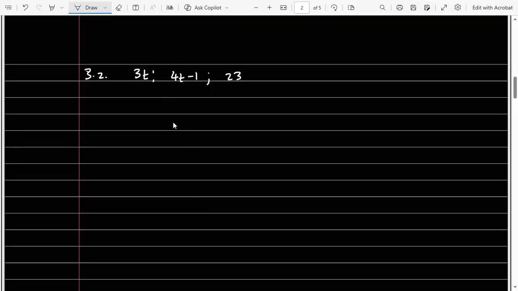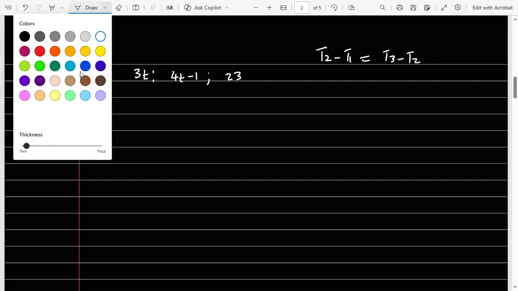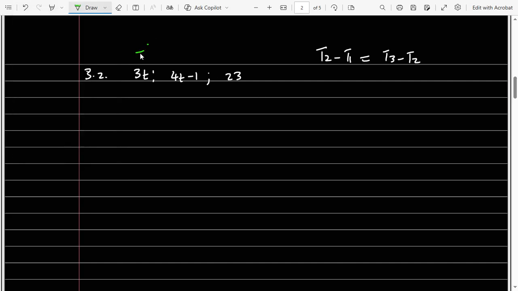Remember, if this is arithmetic, t2 minus t1 should be equal to t3 minus t2. So I'm just going to name my terms t1, t2, and t3. So now I'm saying that t2 minus t1 should be equal to t3 minus t2.